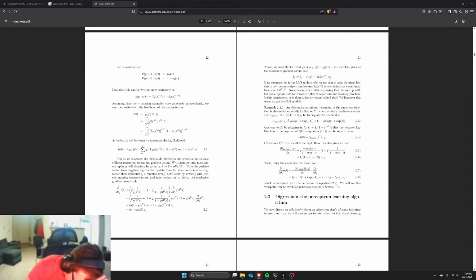Okay, we take the derivative with respect to theta j. So we still retain the sum, though. We should retain the sum, right? We do the chain rule thing.